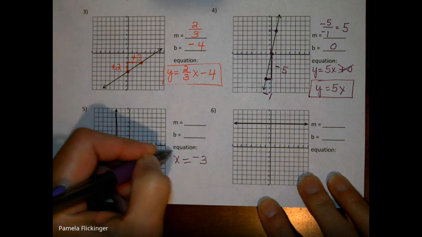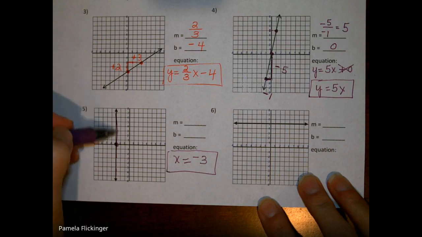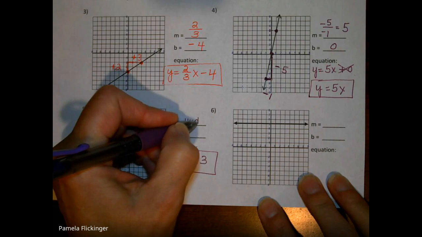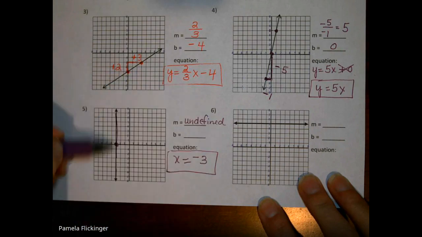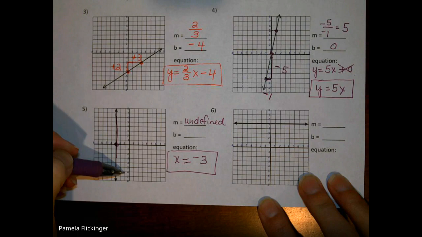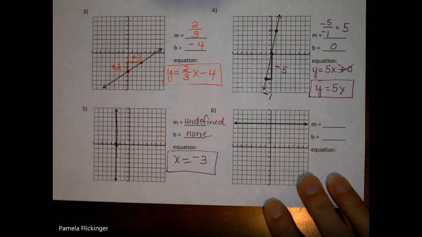So there's my equation, x equals -3. Now let's be reminded, the slope of a vertical line is undefined. The y-intercept, we don't have one. It's not intercepting our y-axis at all. So there is none.